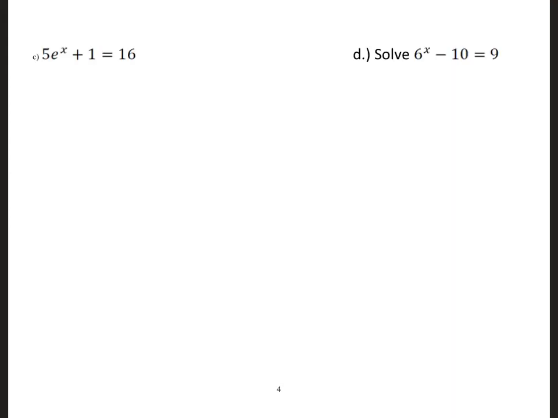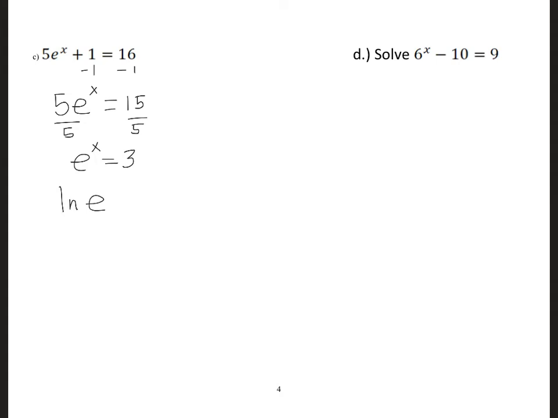So another example here. The first thing is I subtract 1. So then here I get 5 e raised to x is equal to 15. I can divide by 5. Then I get e raised to x is equal to 3. And what do I do with this? I need to introduce a base which will help me isolate x, and this is where I use the natural logarithm.